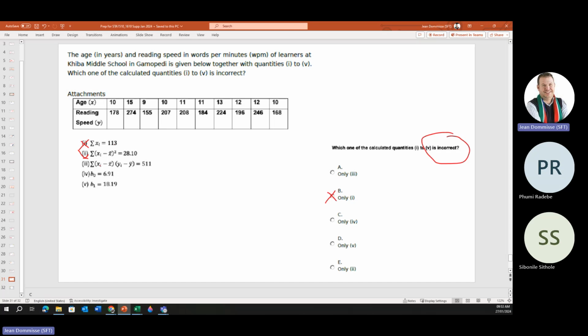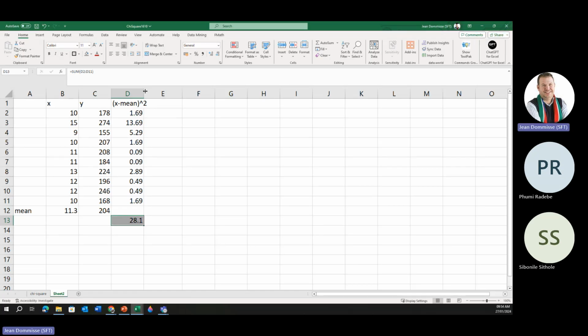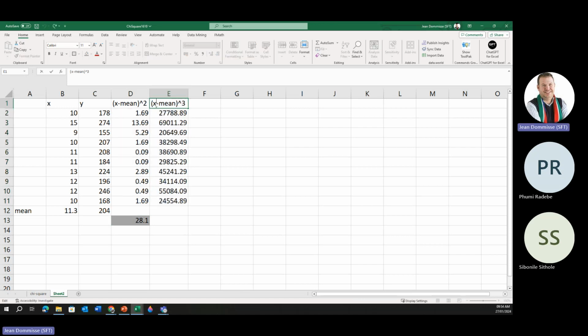Okay, let's look at, so we need to work out the sum of xi minus that and the other one, the y's. So let's, again, we basically, let's copy that over, but we do it for y.